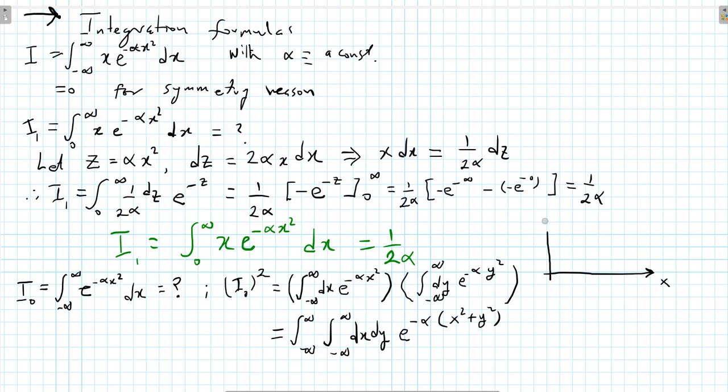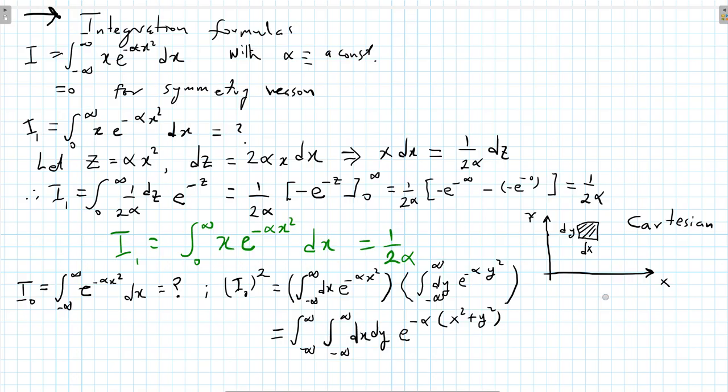I can draw schematically here in the Cartesian coordinate system. I have x and y, and I have an elemental area where we have dx here and dy. So this is Cartesian.